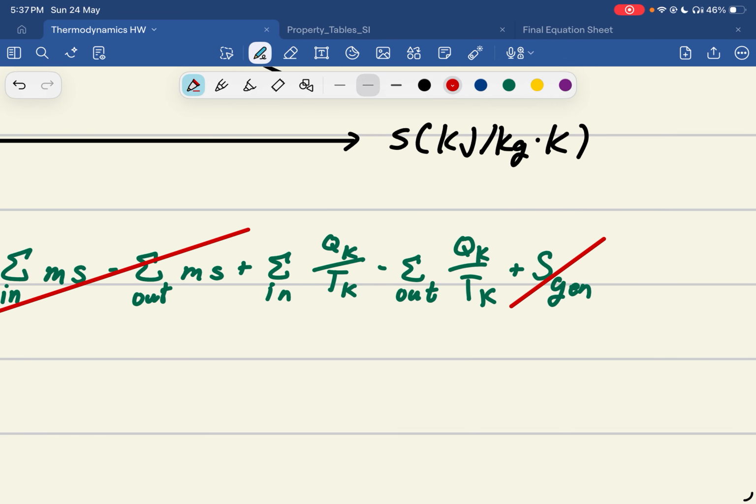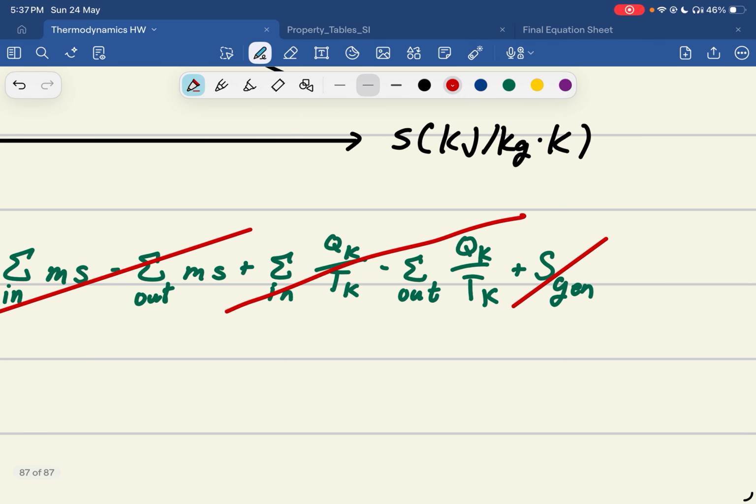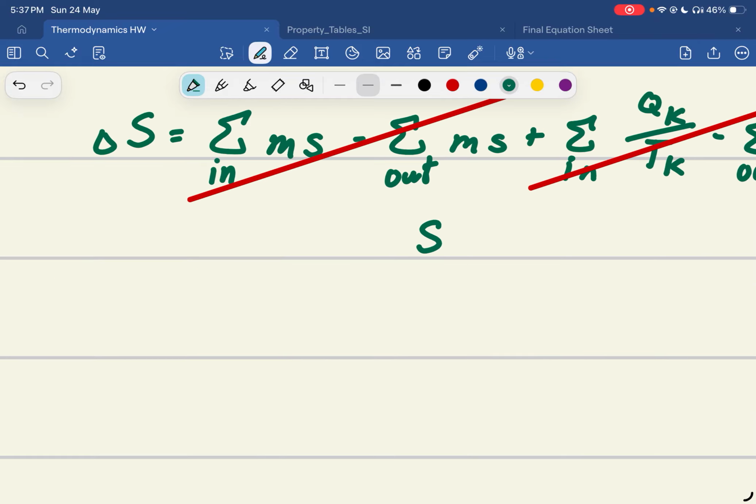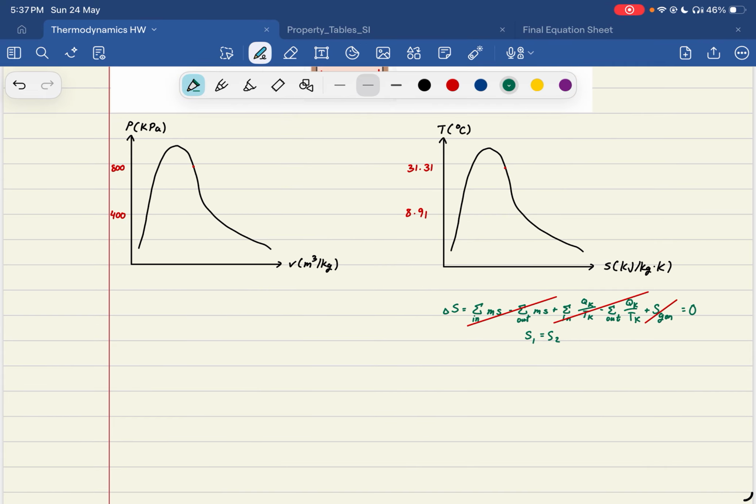Then we take out these two because it is insulated, so everything over here would equal 0. So we're saying S1 equals S2, same with the specifics because the mass is the same.